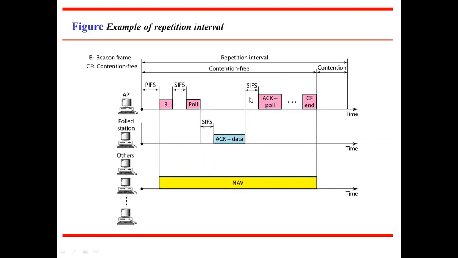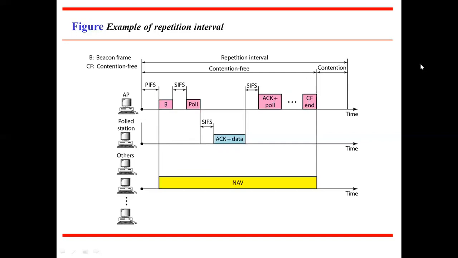Then another SIFS interval is waited, and then it arranges another acknowledgement and polling. In this way, it gets the output from all those stations.